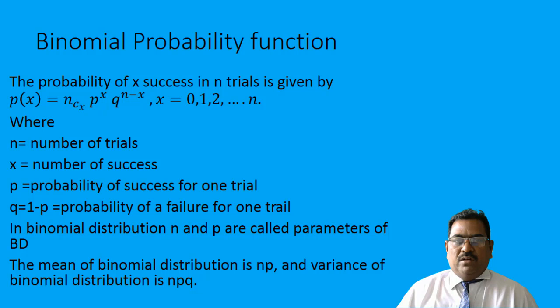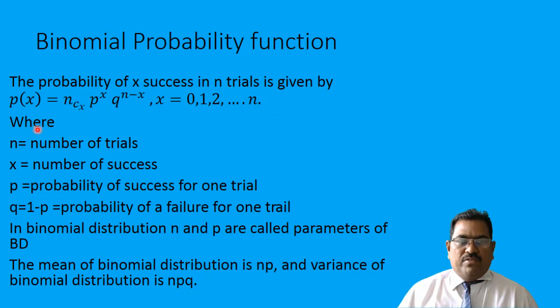Now, before going to R, we will explain the probability function of binomial distribution. The probability of x successes in n trials is given by P(x) = nCx p^x q^(n-x), for x = 0 to n.